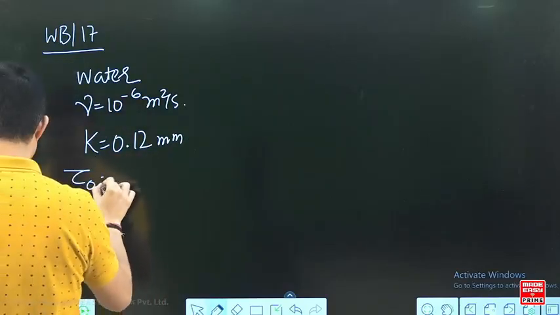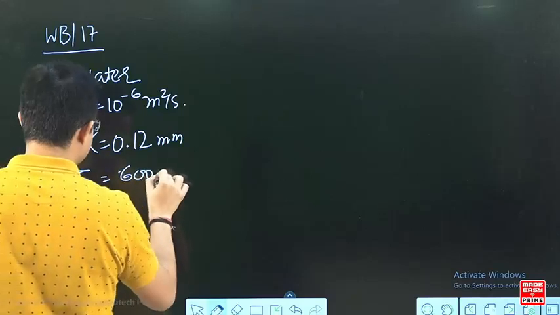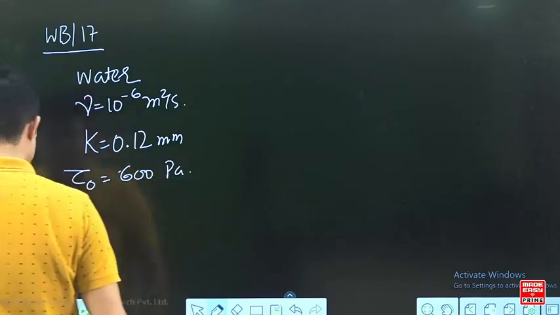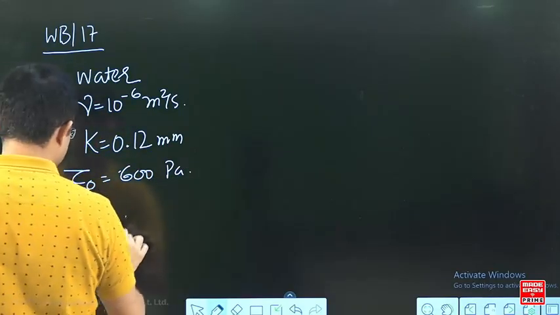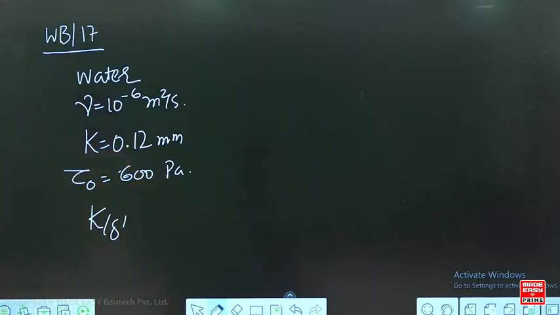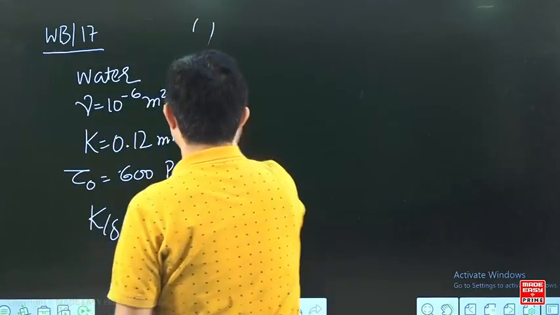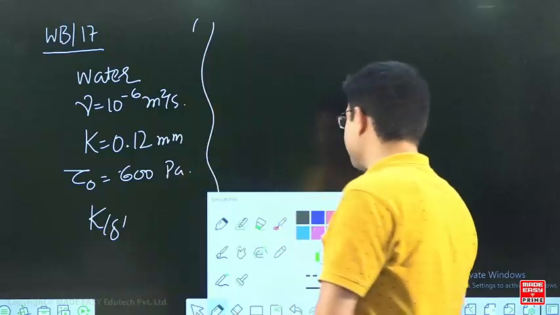So shear stress at the pipe wall is given as 600 Pascal. Then he is asking you to find out the value of K by delta dash. This question was asked in mechanical GATE paper. Listen.